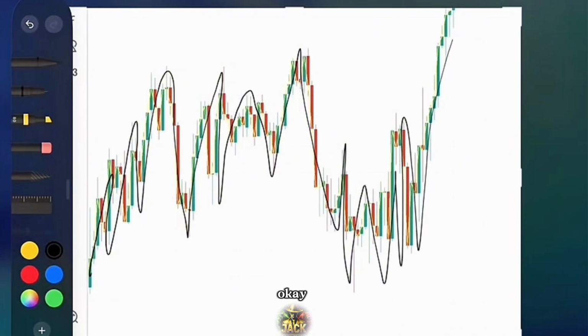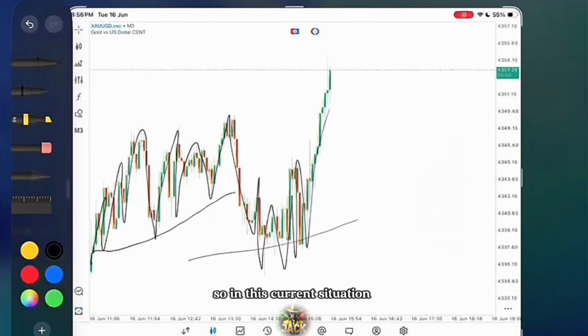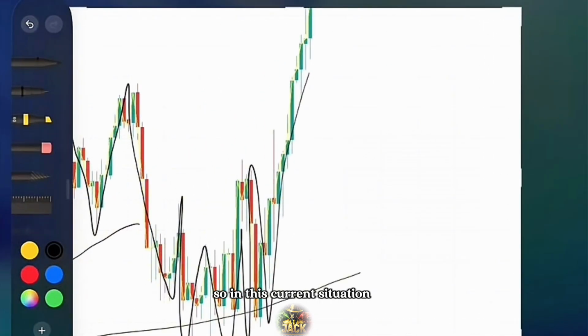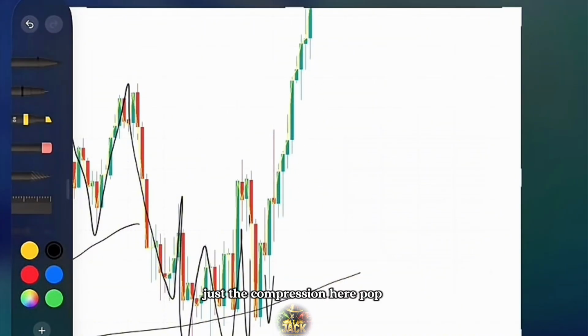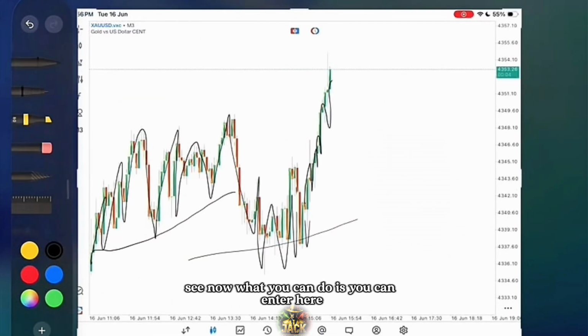The market just keeps on pushing up. On the lower time frame, you have our pressure here, which is compression, and then decompression here. Up, up, up, up. See? Now you can enter here.